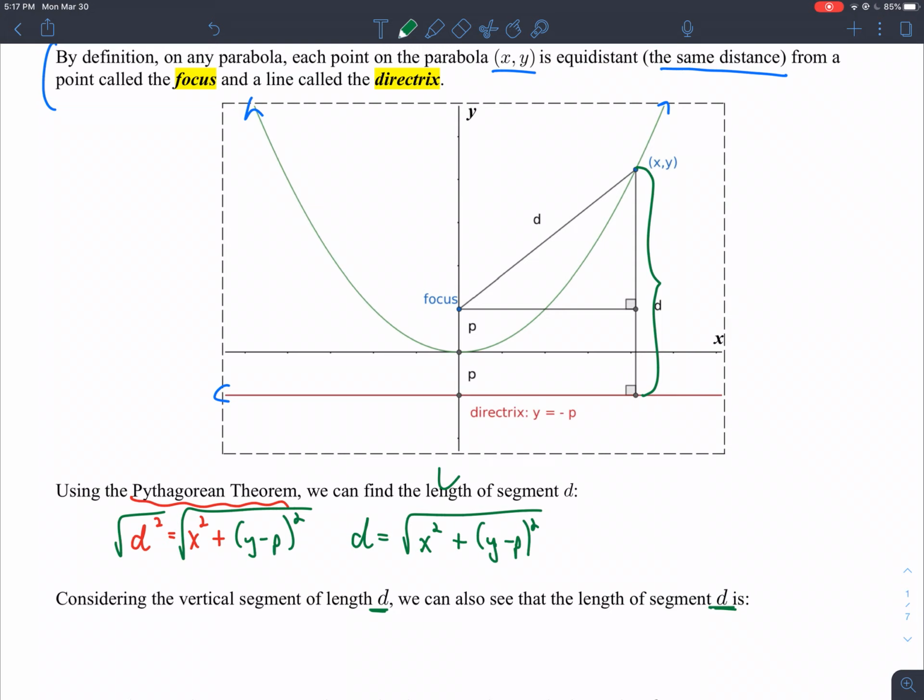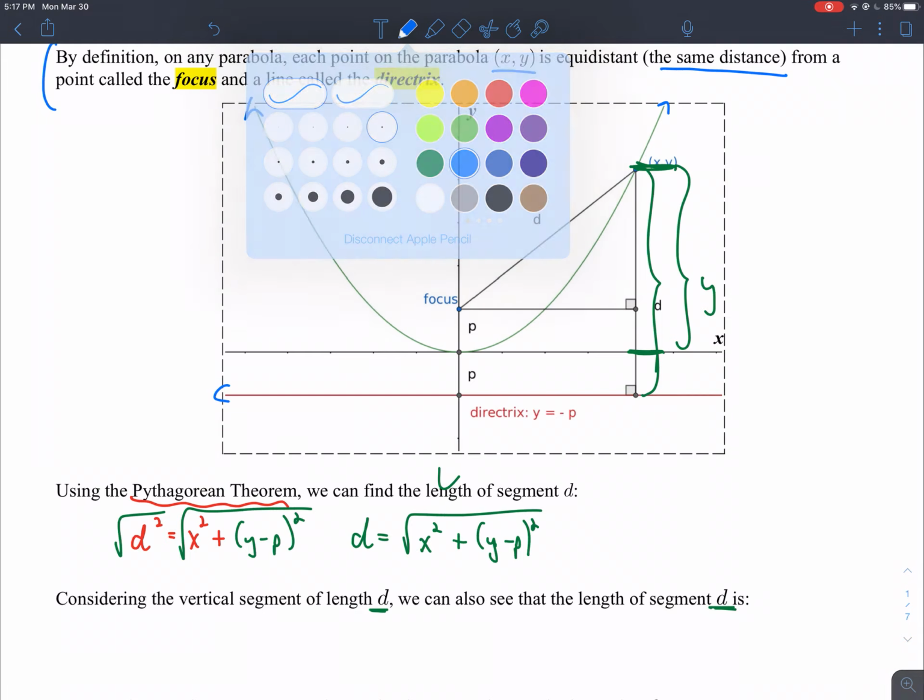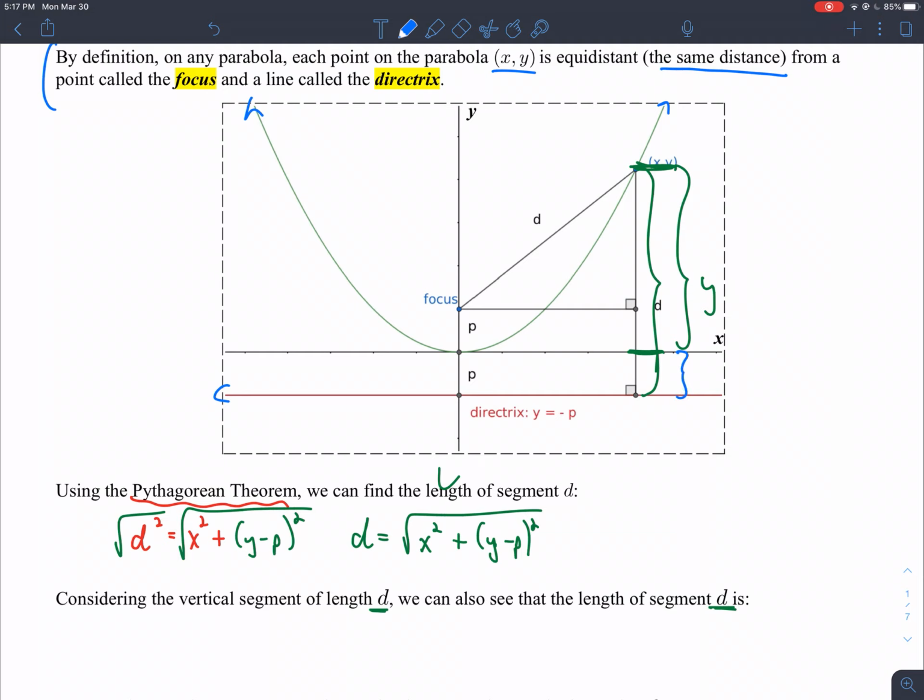Well, we just said that the y coordinate is y, so the distance from the x-axis to that point must be y. Plus a little bit: the length of segment d has this little extra piece. But what's the little extra piece? Well, again, that's p.